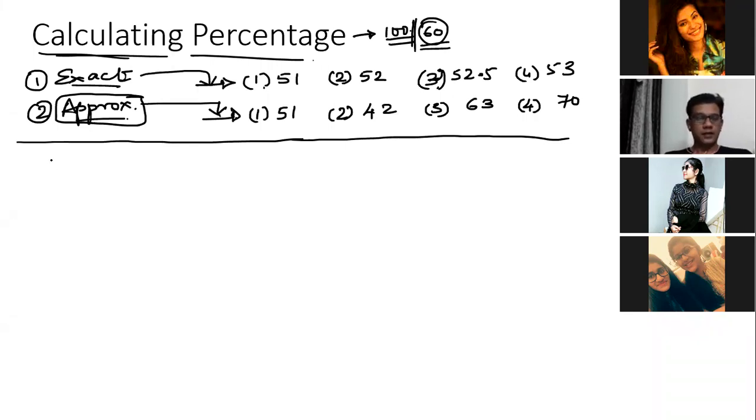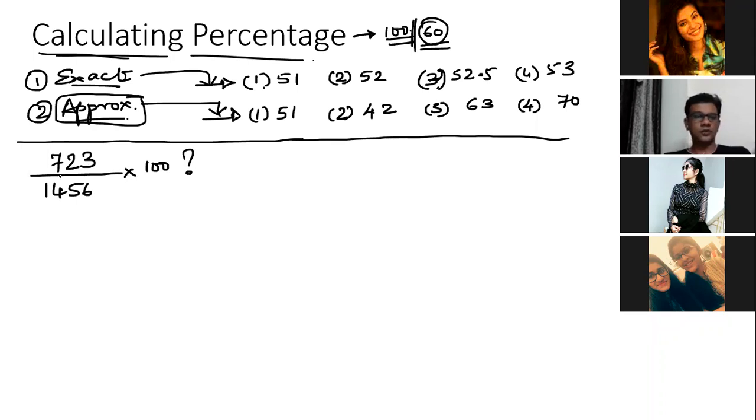Let's say someone's asking me to find 723 out of 1456 percentage. Okay, 723 out of 1456 percentage. So I will do both these methods. One is an exact method, one is an approximation method.